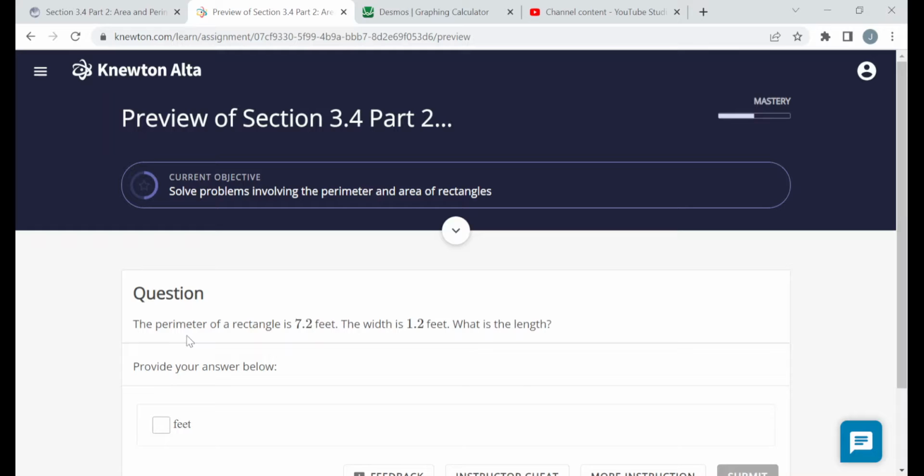Alright, so once again another perimeter problem. If for some reason I don't see any area problems, just remember that the area is length times width. Shouldn't be too hard to remember. I'm given the perimeter is 7.2 feet. The width of the rectangle is 1.2. What's the length?